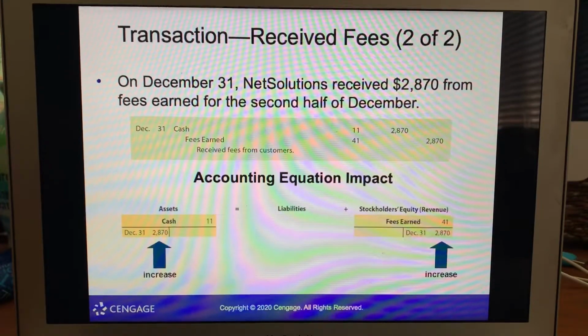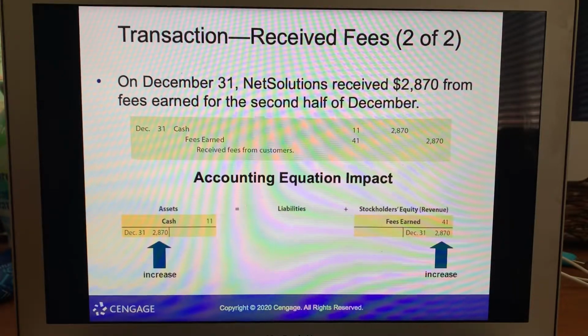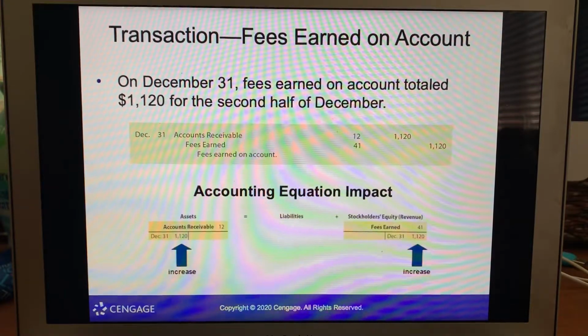This particular example is on December 31st, we received cash for $2,870. Our fees earned is going to be a revenue, and it's going to be $2,870. Received fees from customer, and the impact is right there on the bottom. Increase cash, increase revenue.